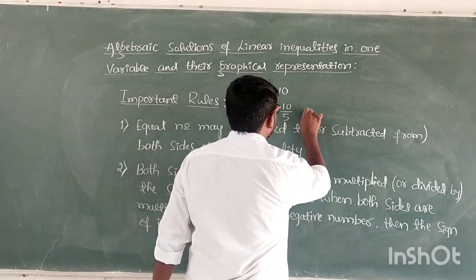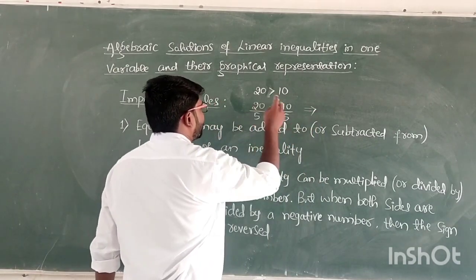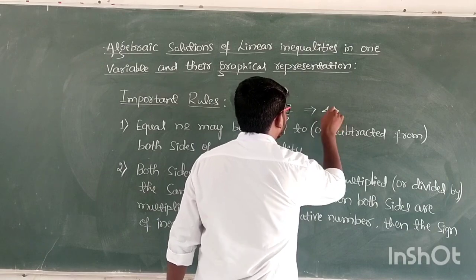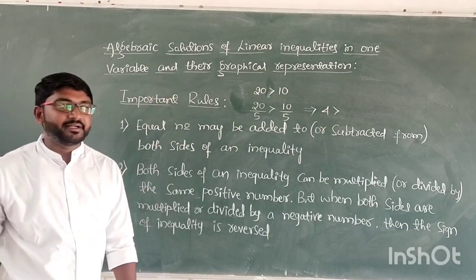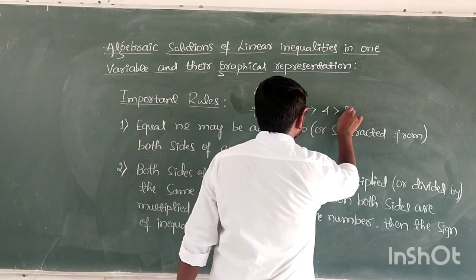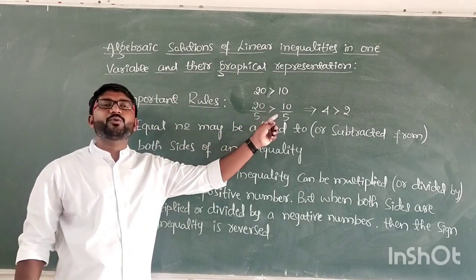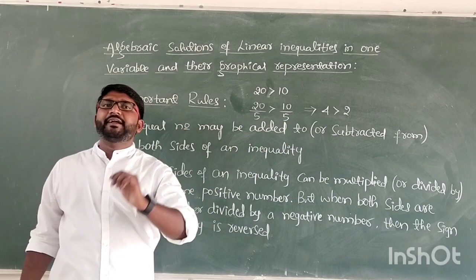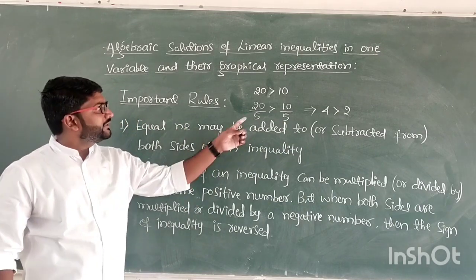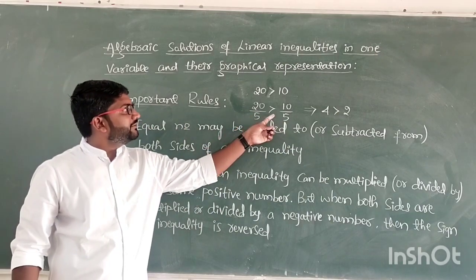In the next step, it becomes 20 by 5, it is 4, greater than 10 by 5, it is 2. So 20 greater than 10 has been reduced to 4 greater than 2 when you divide both the sides of an inequality by the same number, that is 5 and 5.